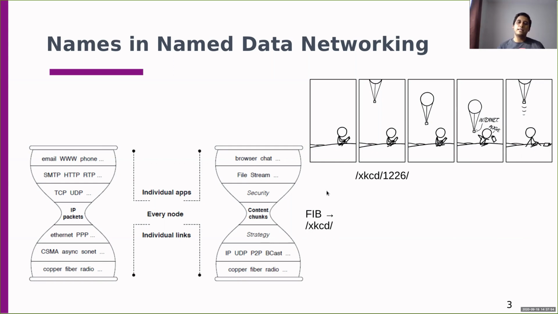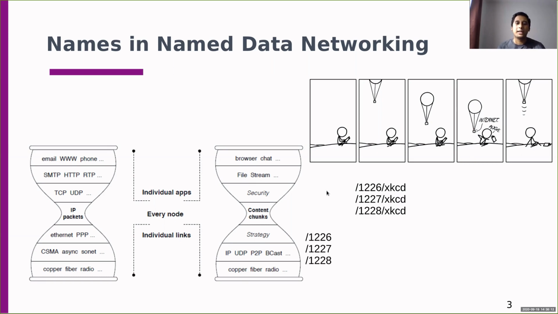Now, if we change the name to 1226/xkcd, now the network state has to change. So let's say we have three comic strips, 1226 xkcd, 1227, and 1228. Now we have to announce three routes into the network.